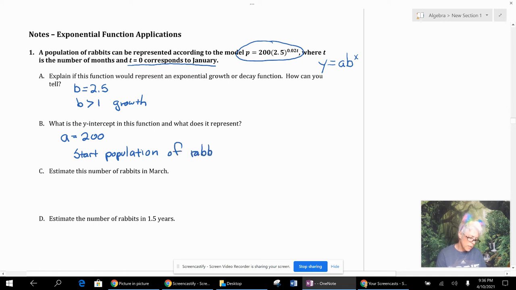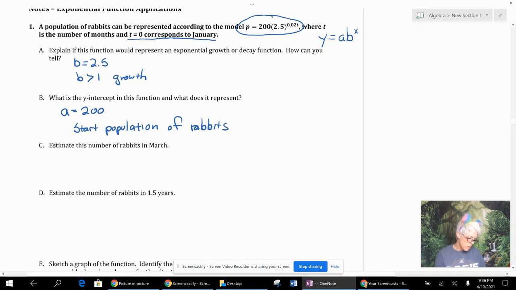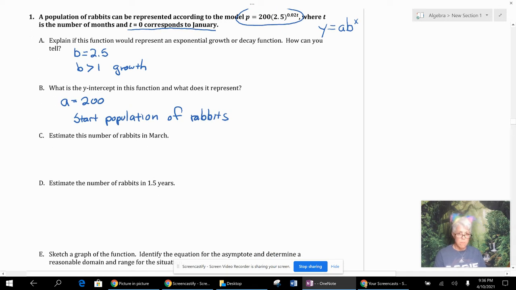So again, I'm reading the exponential function and identifying its parts. Then they want to know the number of rabbits in March. Well, if January is 0, then February is 1, and March would be 2.